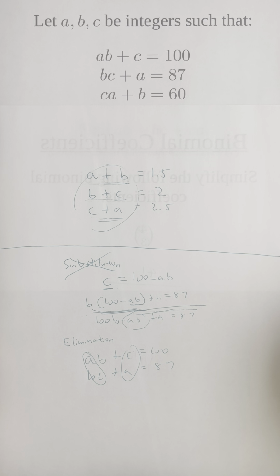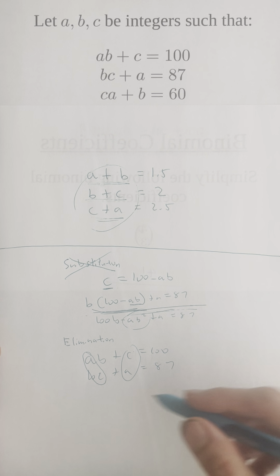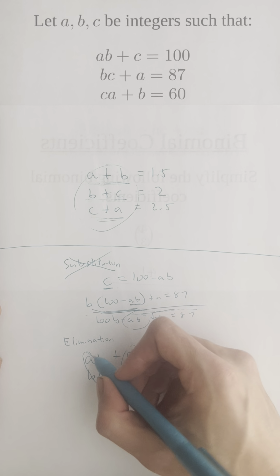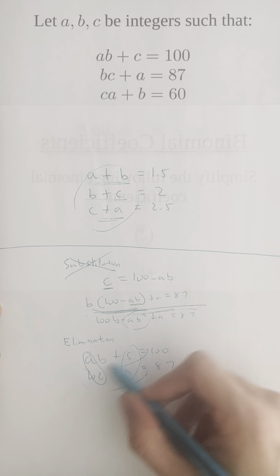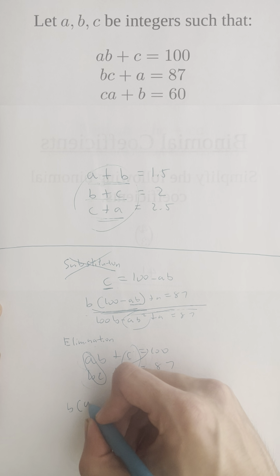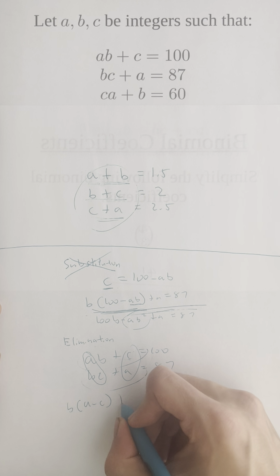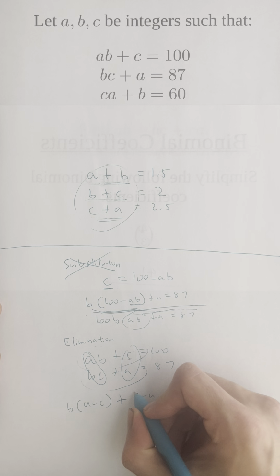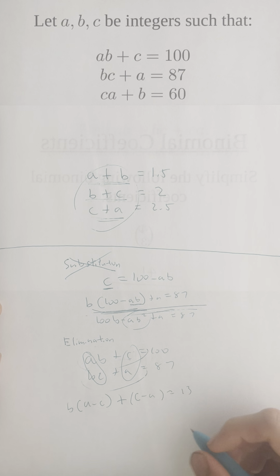Okay, so should we add or subtract then? Well, I think we should subtract. How come? I'll subtract first and then explain why. So this equation minus this equation. So it's going to be b times a minus c plus c minus a is equal to 13.